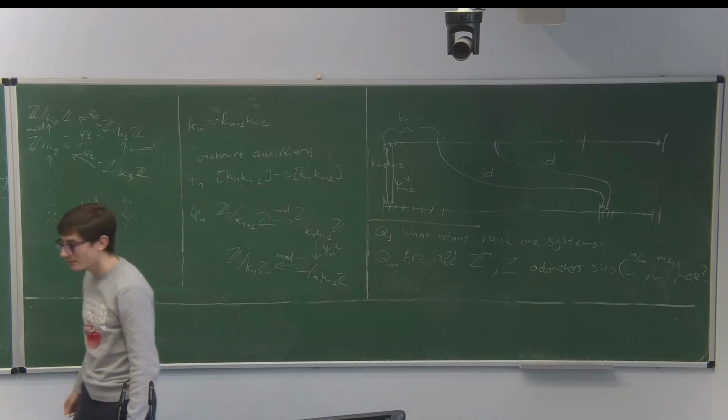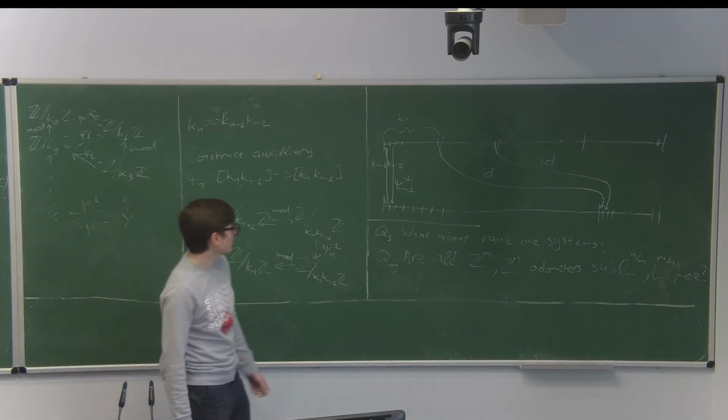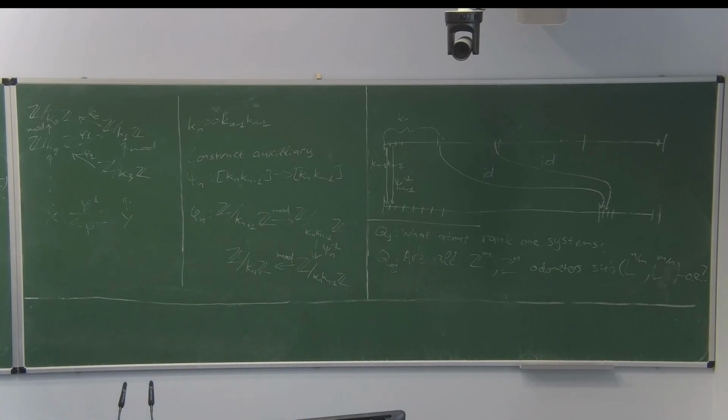You can work with it much more easily than you can work with squares, especially squares of different sizes. But I don't think it's hopeless. It just needs some care, maybe some new ideas, but not necessarily too far from those. And yeah, I think I'll stop here.